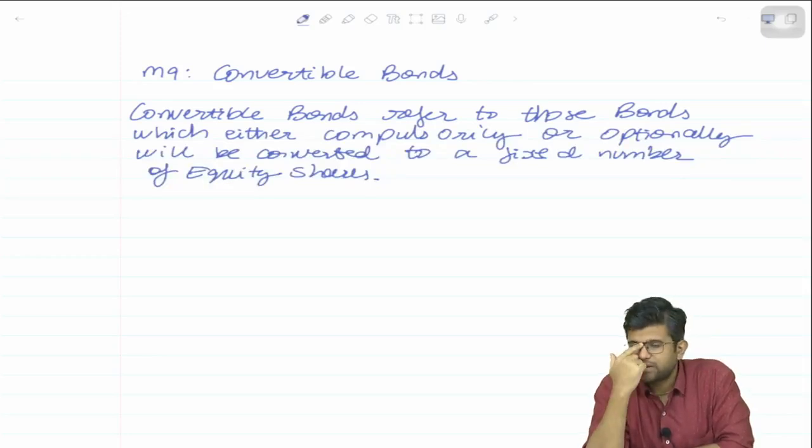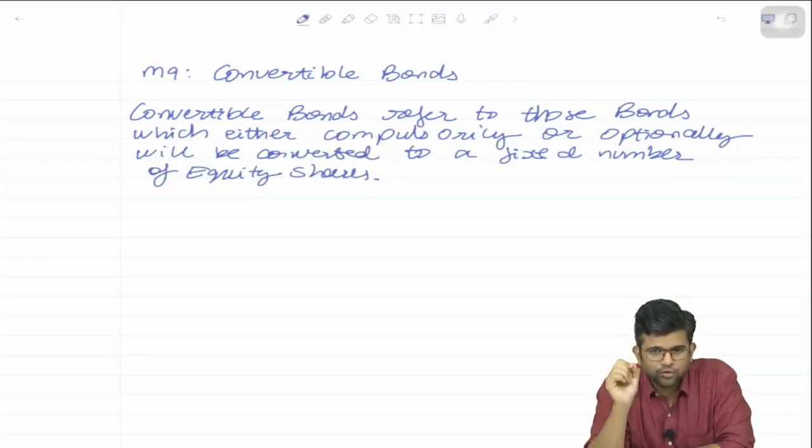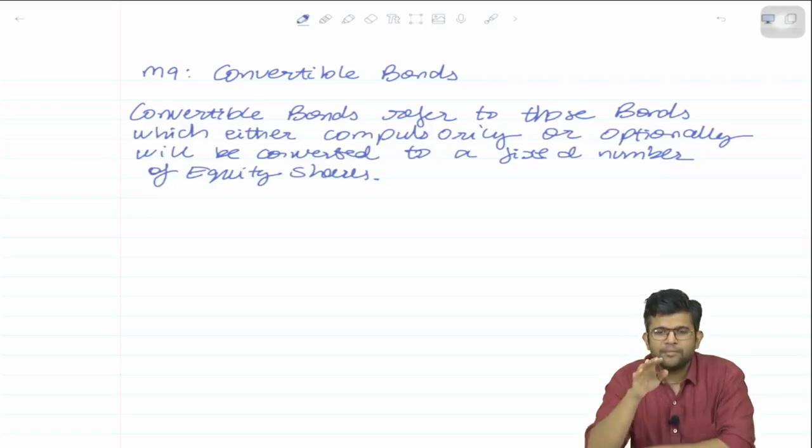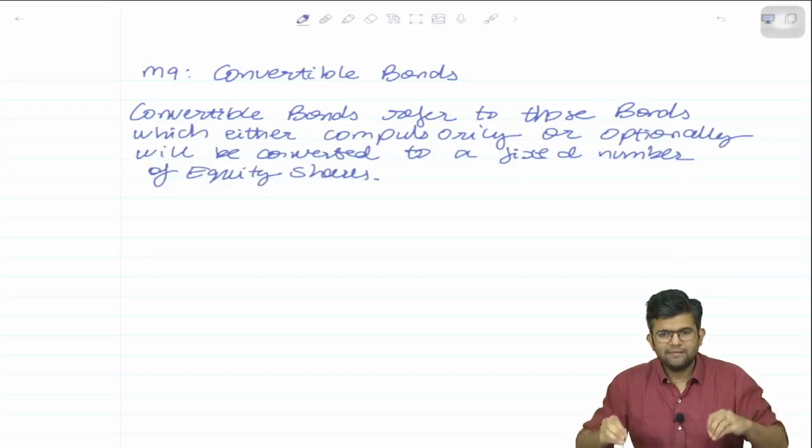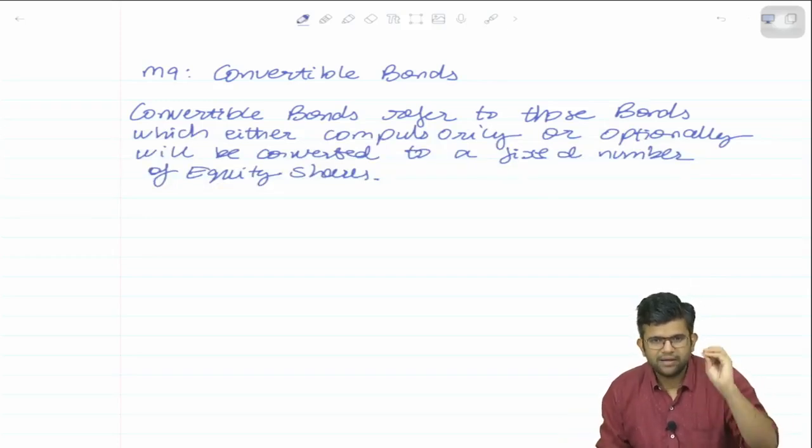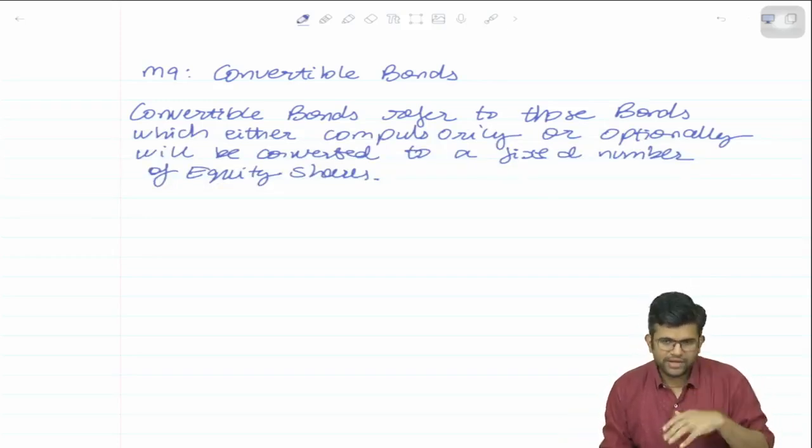Convertible bonds are such bonds where they issue bonds and tell the investors that the interest rate we are keeping low. Generally, convertible bond interest rates are low because of the convertibility option. You are understanding? So what will happen? Let's say I will give you a 10 crore rupees bond. You give me 10 crore rupees.